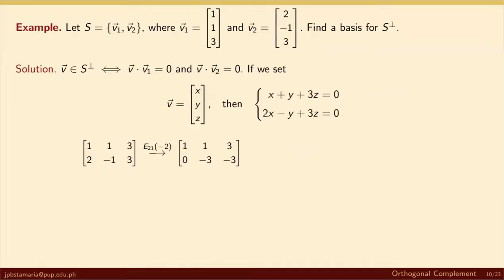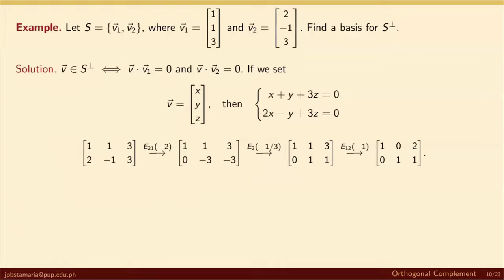Then we make a pivot on the second row by multiplying the second row by negative 1/3. In effect, we have this matrix. Again, you can pause this video and take your time to do the computations here on your own. Then using this pivot, we zero out that entry by applying this type 3 operation. The result is this, and now we are in RREF.